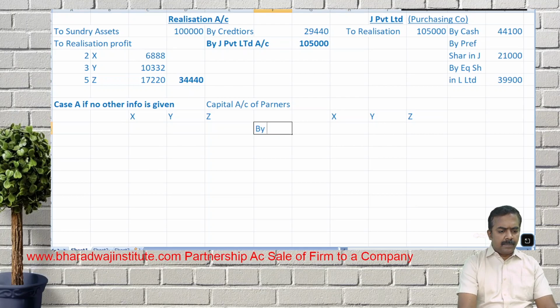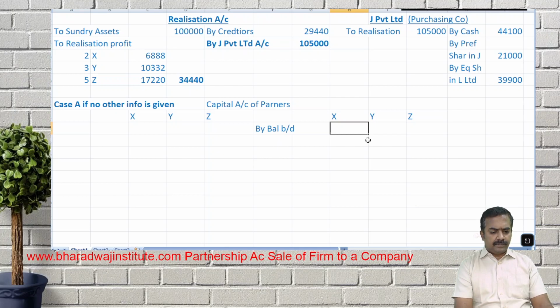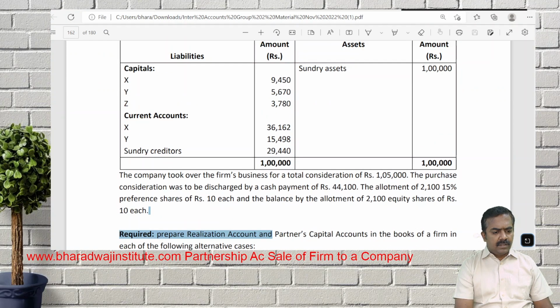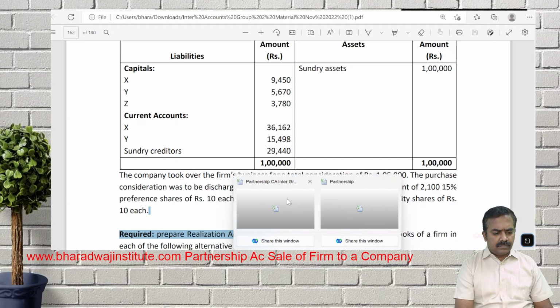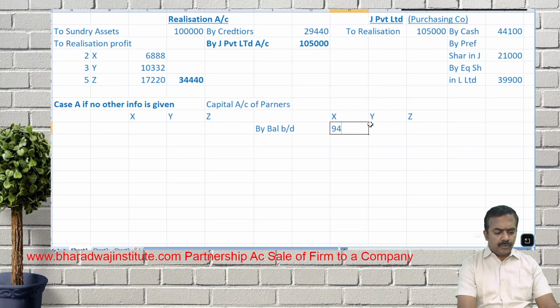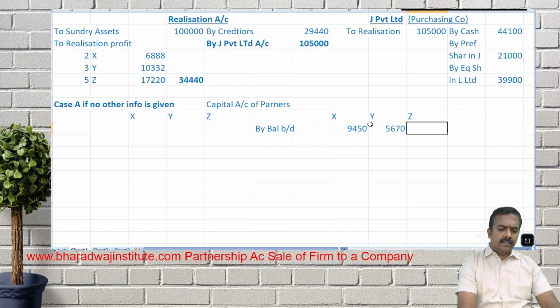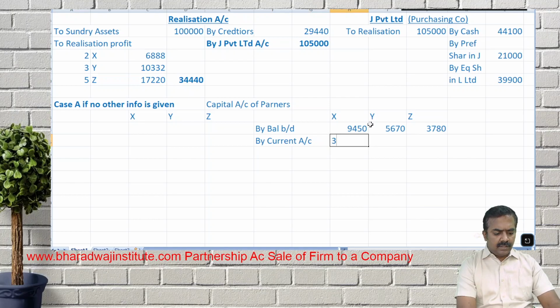As usual, transfer the capital by balance brought down. What is the balance brought down? See the capital. Tell me the amounts. 9,450, 5,070, then by current account 36,162, 15,490.